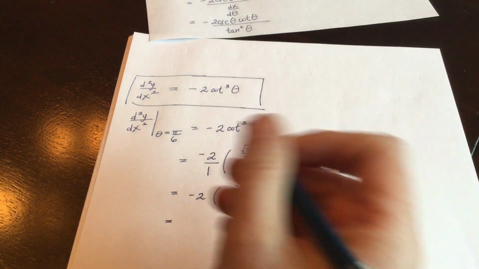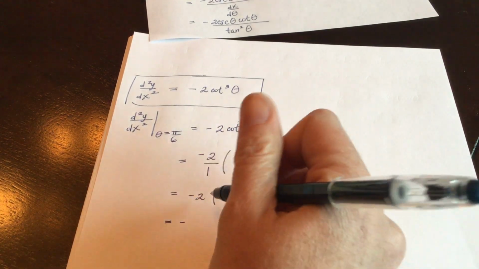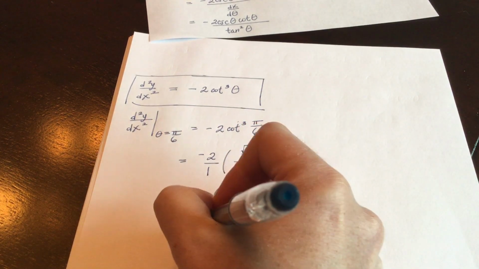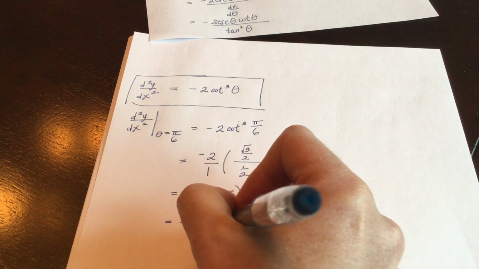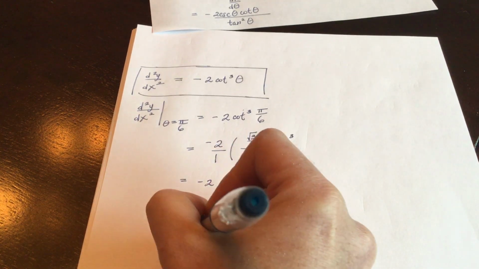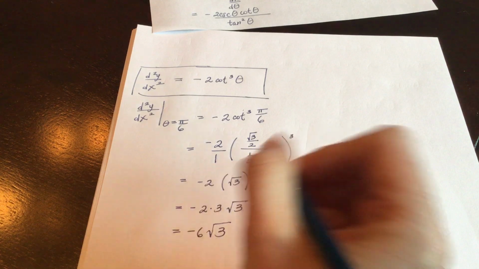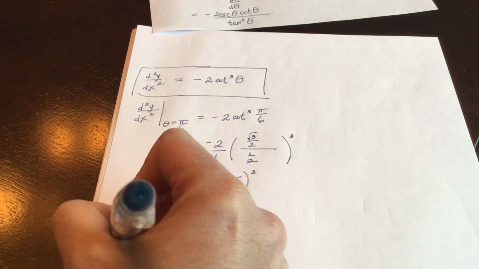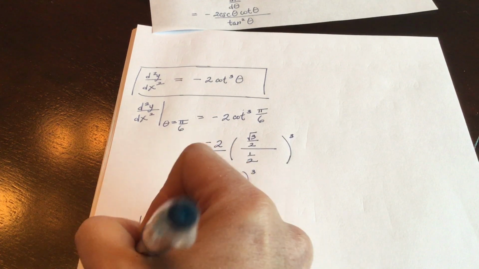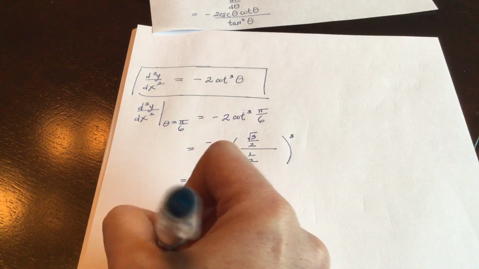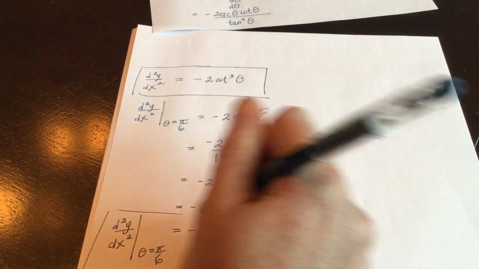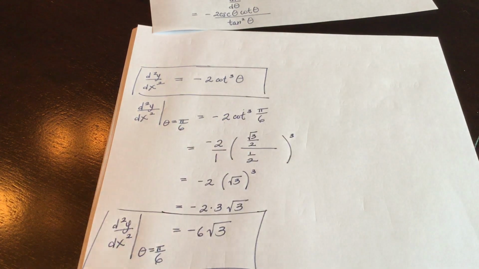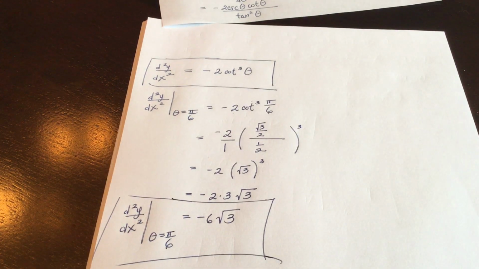So to simplify that, you could write it as -2 times a 3 and then times a √3, also known as -6√3. And so d squared y over dx squared, not just all the time, but at the moment when theta is pi over 6, would be -6√3. There we go.